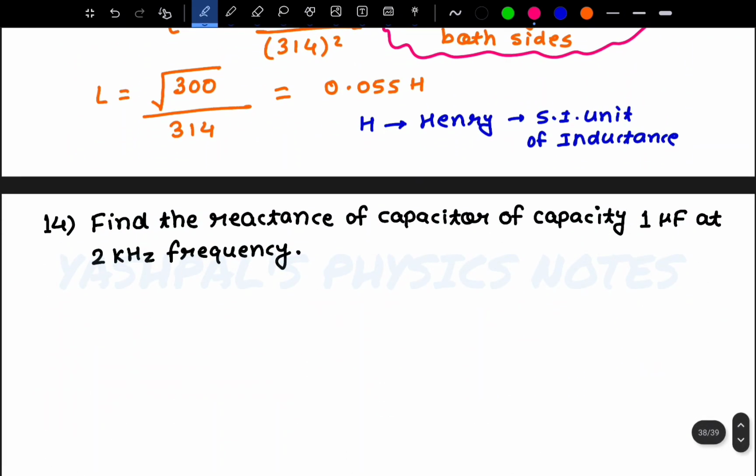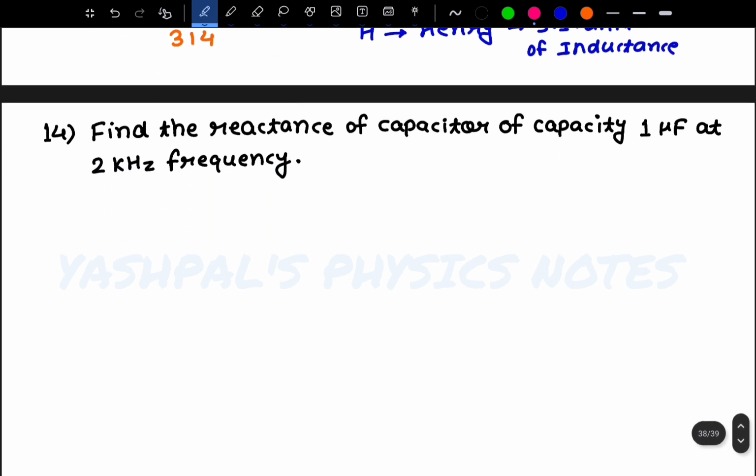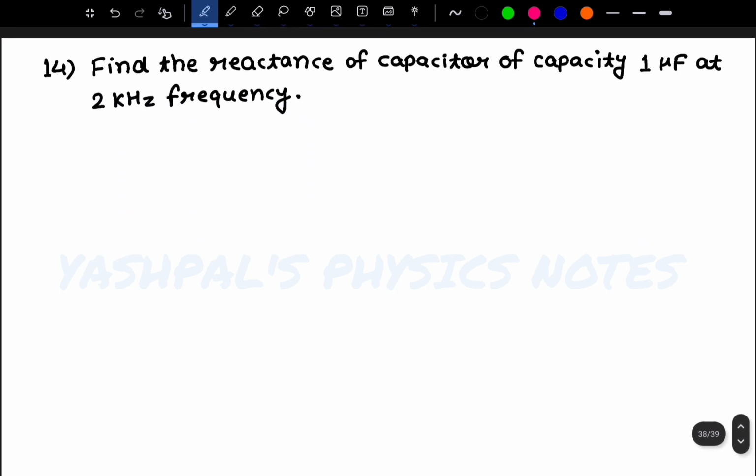Now next, question number 14. Find the reactance of a capacitor of capacity 1 microfarad at 2 kilohertz frequency. This is basically a 1 mark question. For a 1 mark question, always write the given data. What is given?